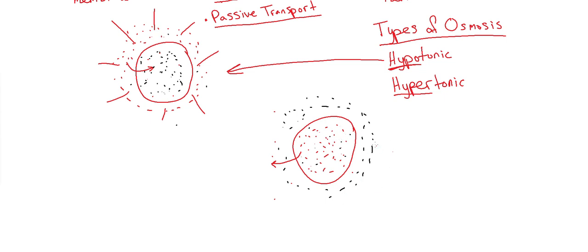And this is going to leave the cell looking extremely small. It's going to shrivel up, and potentially implode.